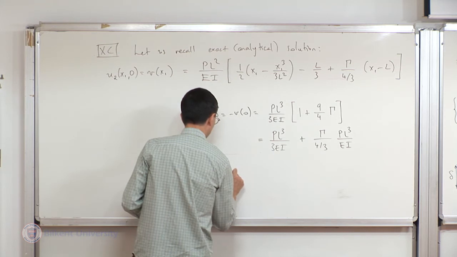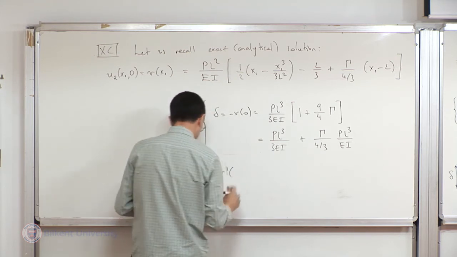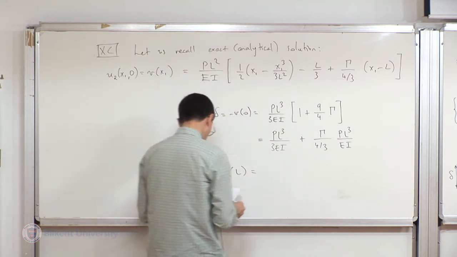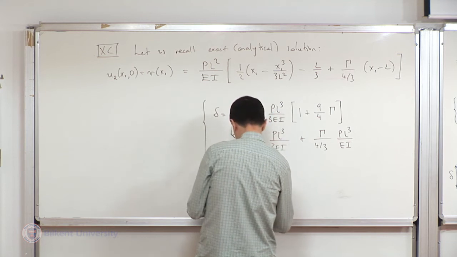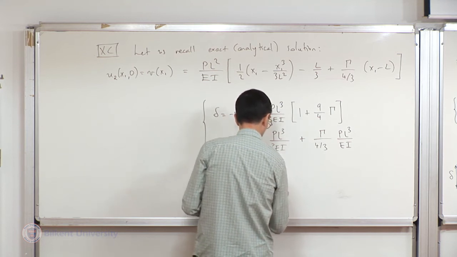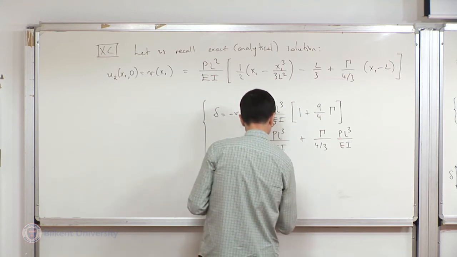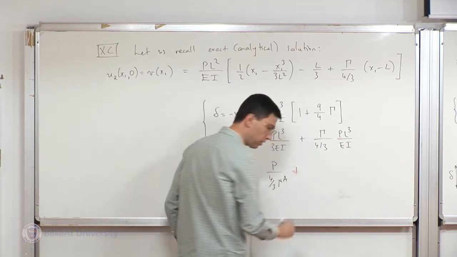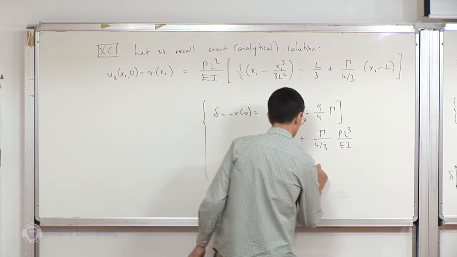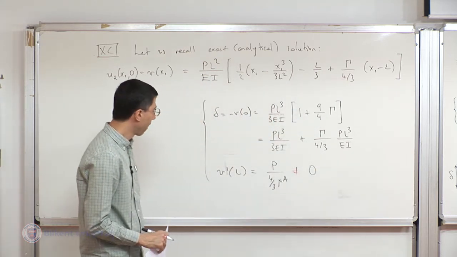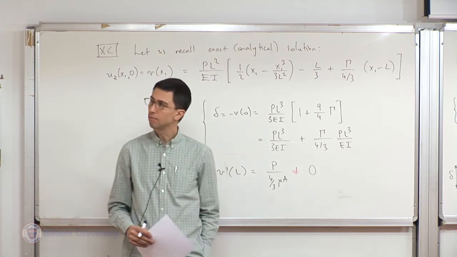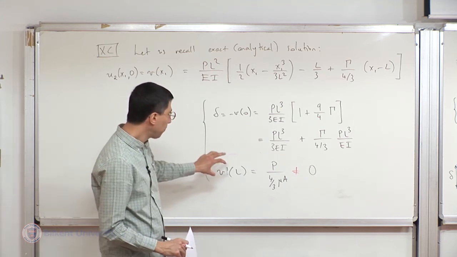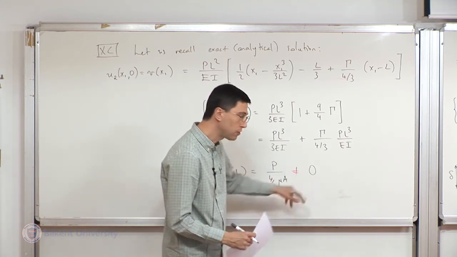And again, I will evaluate V prime at L from that expression. It's going to be equal to P over 4 over 3 mu A. Again, that's not equal to 0. Now, when we were developing the analytical solution, what was 0 was a rotation.